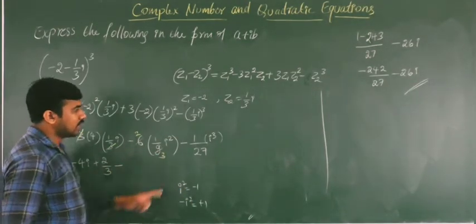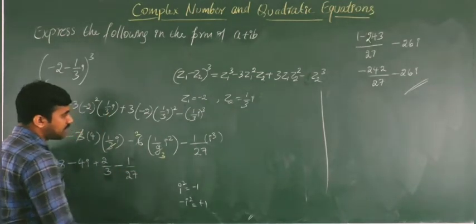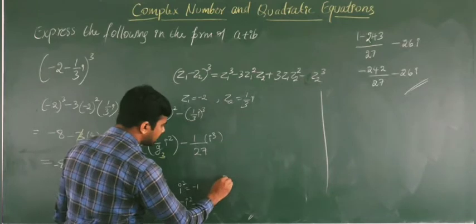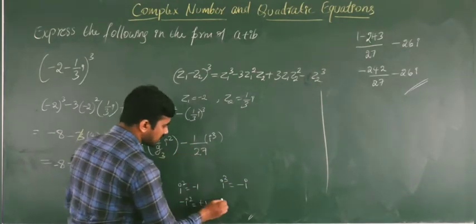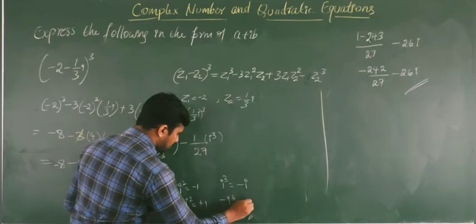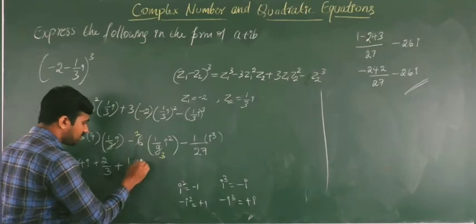Similarly, minus 1 by 27 into i to the power 3. i to the power 3 is nothing but minus i, but minus i to the power 3 is nothing but plus i. So we'll get plus 1 by 27 into i.